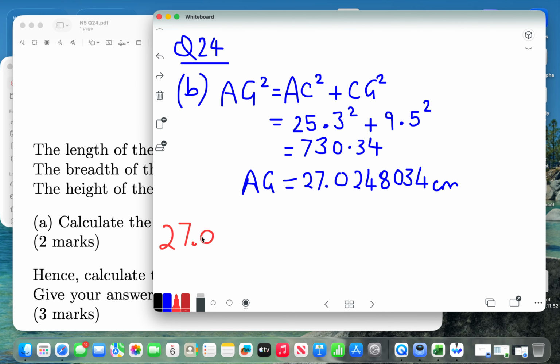That is because after the decimal point, any trailing zeros, any zeros count as significant figures. So to three significant figures, we get 27.0 centimeters.